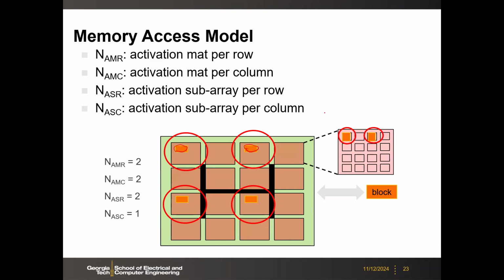So this will be the activated subarray. When you fetch the data, you activate only a small portion of that, okay? But you are going to aggregate the data through the data bus, right? So then we can define how many active subarrays or submats or mats within the bank. So this is a design choice.